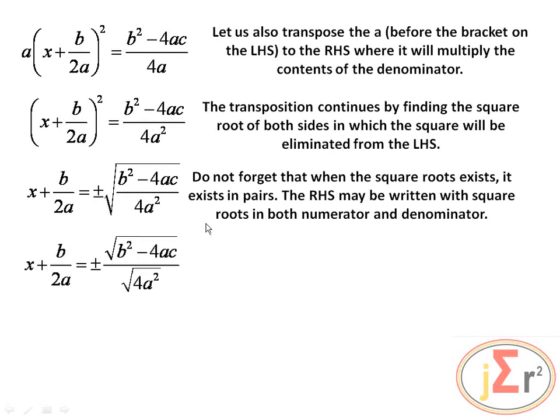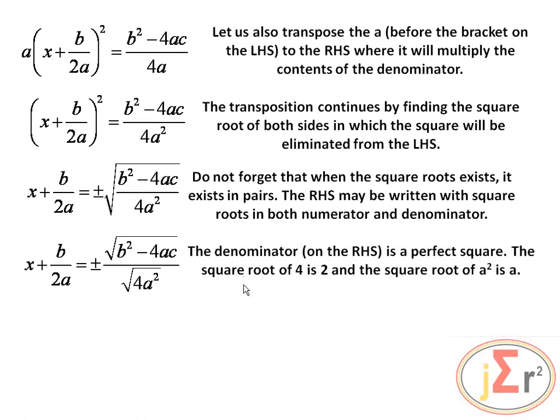So of course we may say the square root of the numerator, square root of the denominator. And after saying that, we realize now that the denominator on the right hand side is a perfect square. So we may just simplify that denominator quite easily.